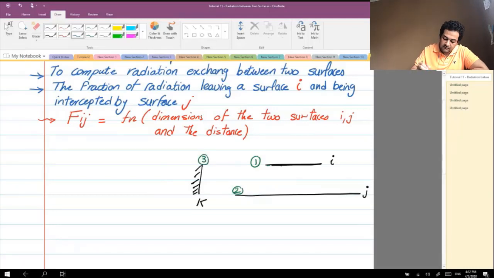We know that surface number 1 has the highest temperature, maybe it's an electrical heater or something like that, so it is going to emit heat by radiation Q1, and this Q1 is going to be received by surface number 2 and surface number 3. This is the most common case, when one surface emits heat to another surface.